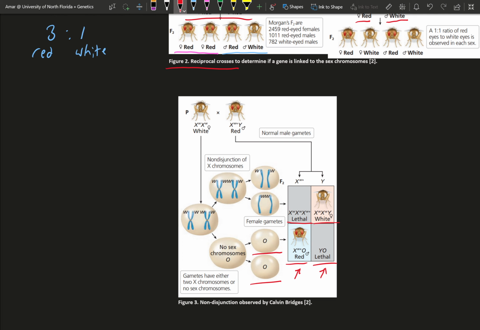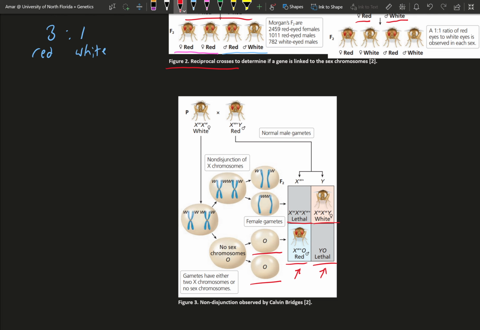And some of them are dead too, due to the lethality of you not having any chromosomes at all, or just a single Y chromosome, or even having too many X chromosomes as well.